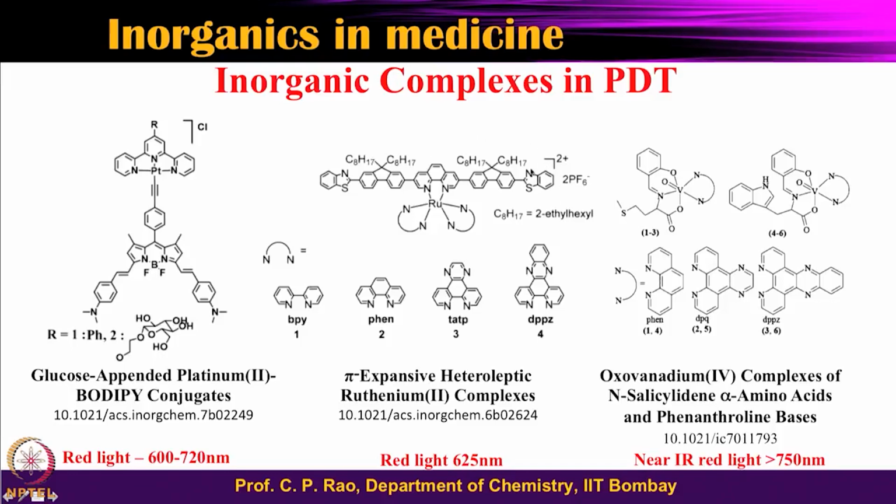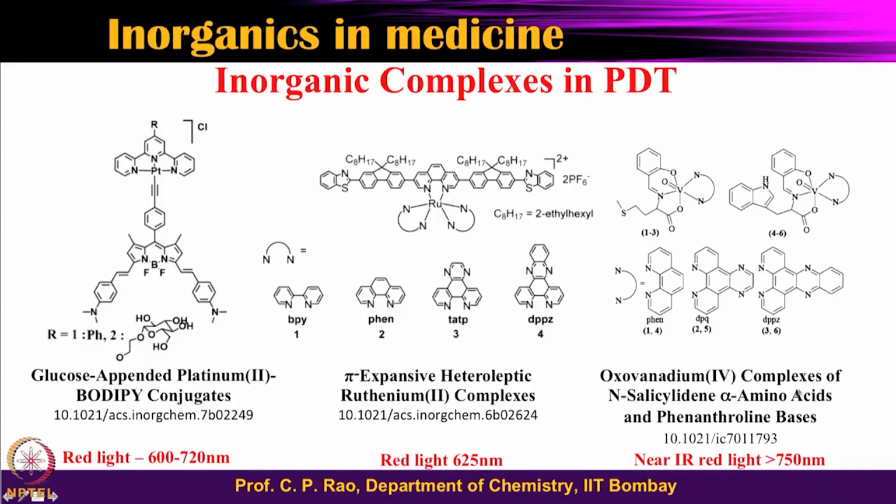It is not necessary that you have only porphyrins, and you can also make compounds of these kinds using the vanadium compound. So, this is oxo-vanadium. This is also 6 coordinated, this is also 6 coordinated. These oxo-vanadium complexes are also useful in PDT by decorating these with a huge species.